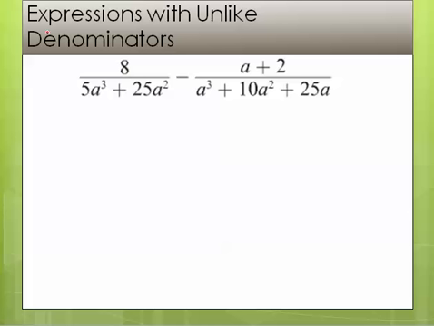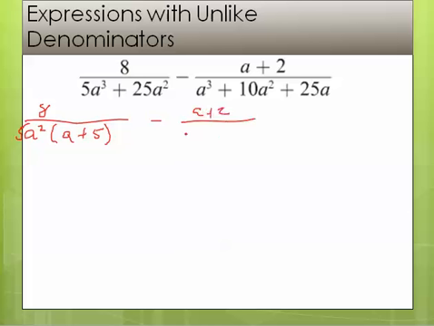Let's see if we can slug our way through this one without any difficulty. So I've got 8, and then I'm going to factor the denominator down there, and I'm going to pull out an a squared, and that's going to give me, matter of fact, I'm going to pull out a 5a squared. That's going to give me an a plus 5. Okay? And I'm going to hit a subtraction, and I've got an a plus 2 on top.